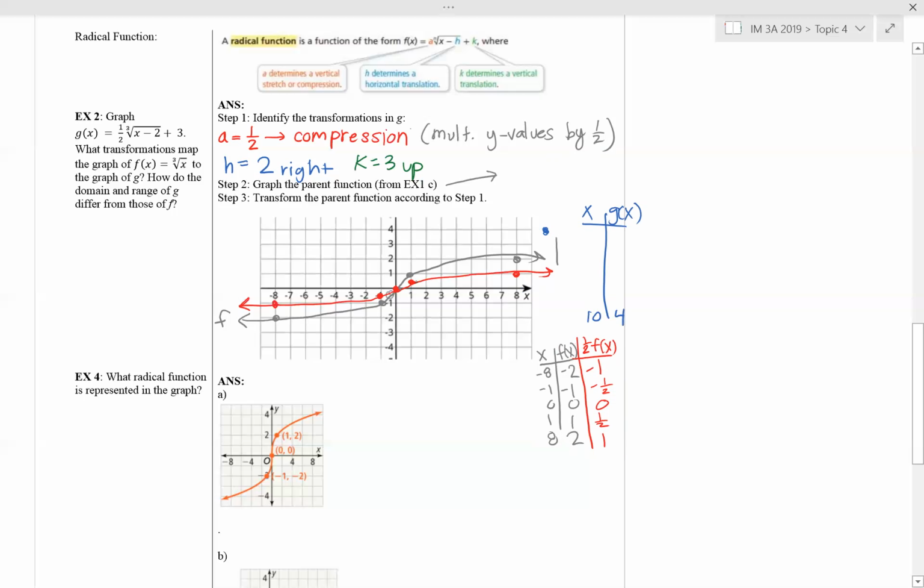Our point that's at 1, 1/2, we're going to move it to the right 2, so we're going to be at 3. And then from 1/2, we're going up 3. So that means we're going to be at 3 1/2. Then 0, 0, we're going to move right 2, up 3. So we're going to be at 2, 3.